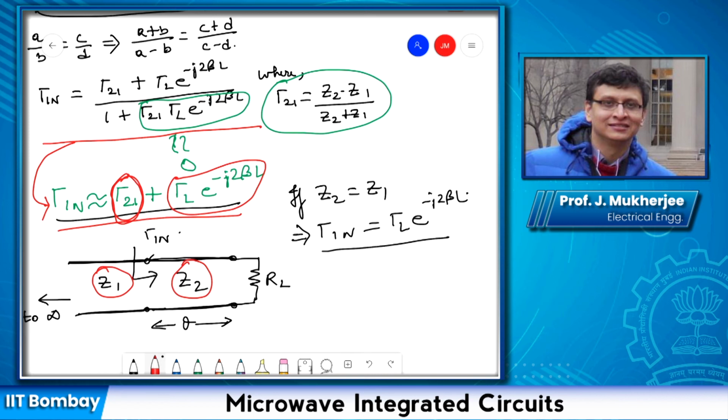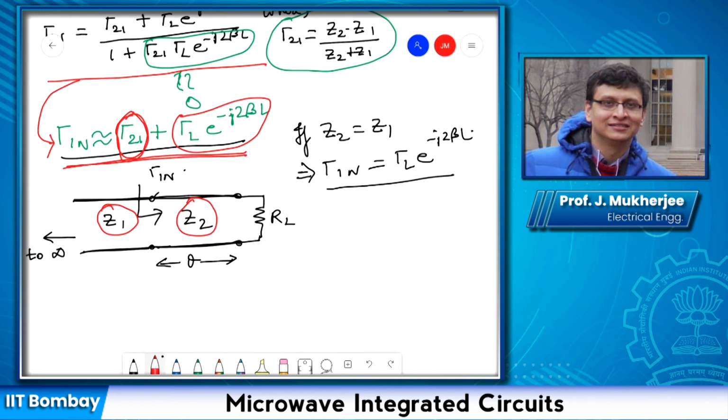When we consider this equation, we are only considering two things. One, that there is a reflection due to a mismatch at this junction, and there is another reflection due to the mismatch, this gamma L, present along this junction. We are not considering secondary reflections that may happen like this.